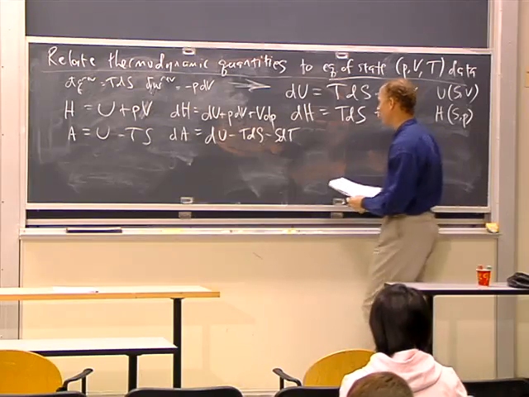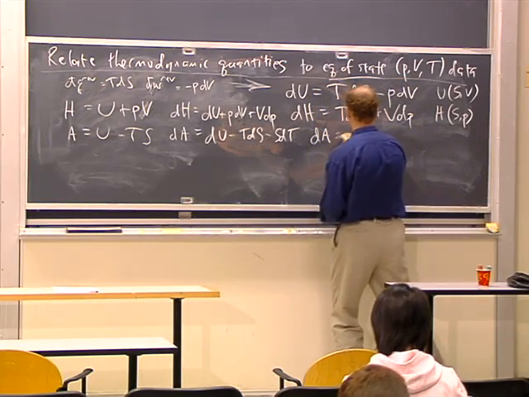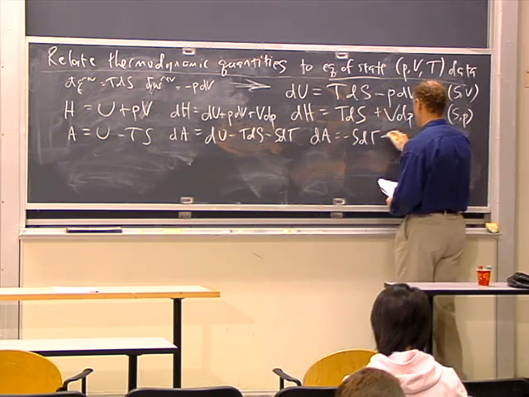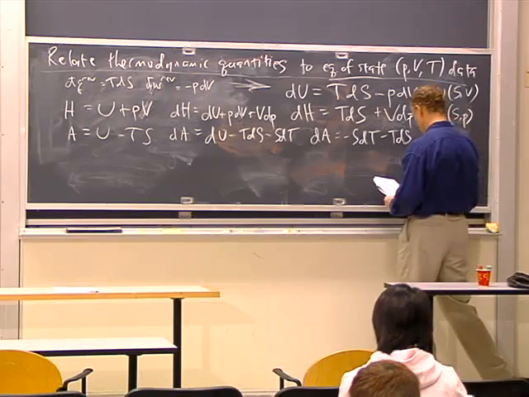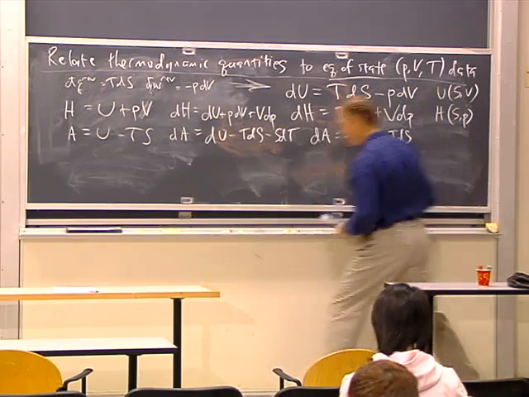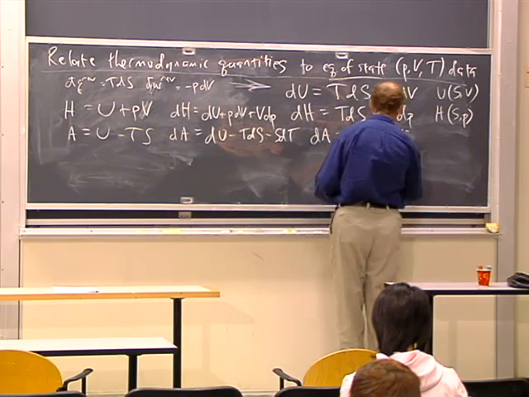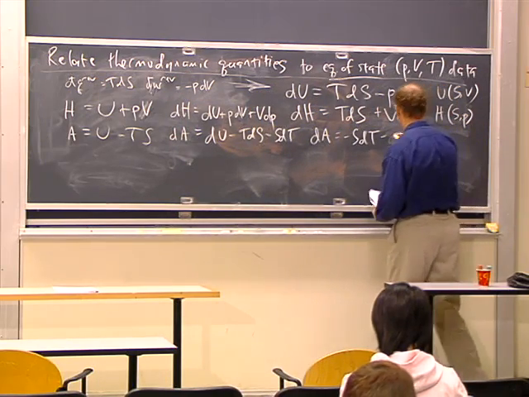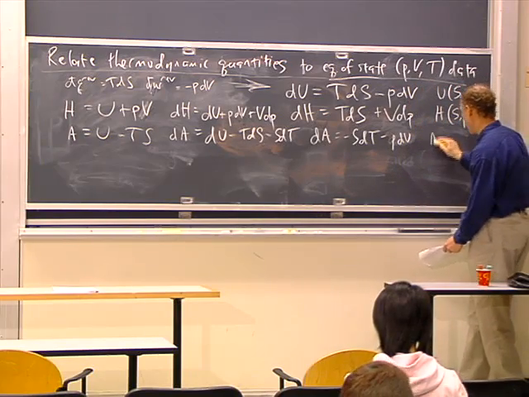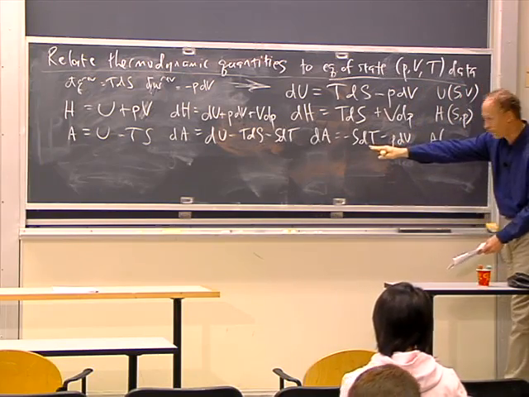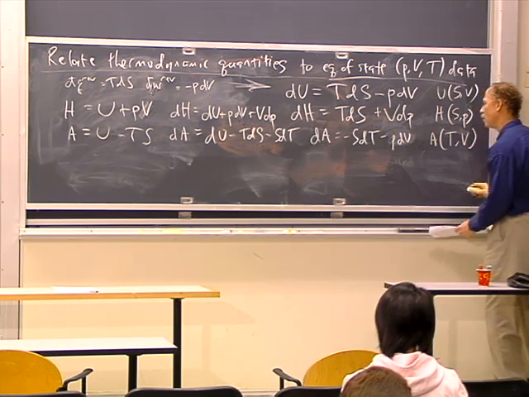So we have dA is minus S dT minus... That can't be right, and it isn't. Minus S dT. It's the P dV term that's left, minus P dV. And it shows us that A is written naturally as a function of T and V.